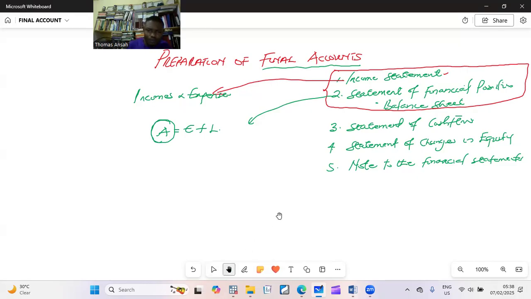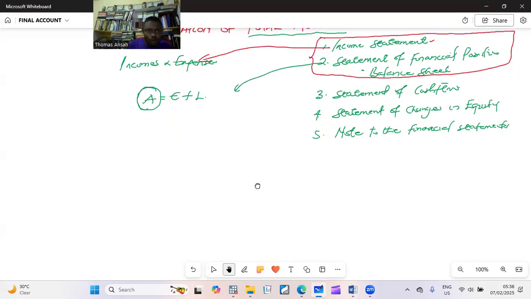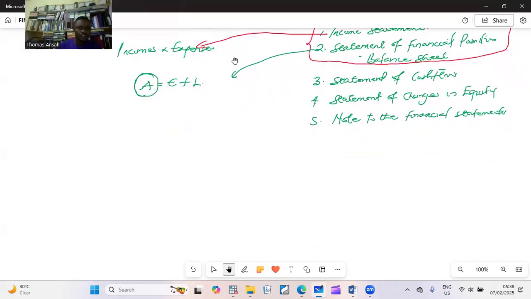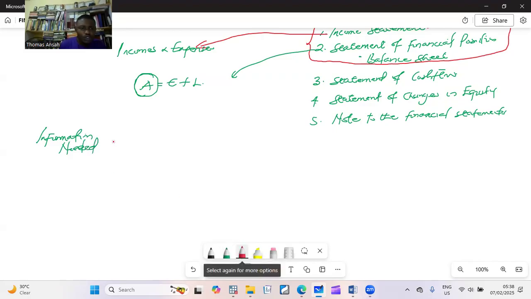When you have been asked to prepare a financial statement, the question will straight give you a trial balance. So the information that you will need to prepare the financial statement will be given to you. And it will be given to you in two folds.